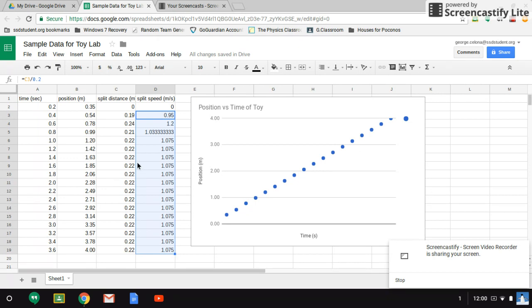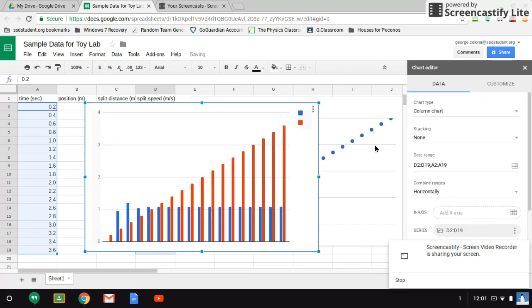So we're going to do split speed versus time. So I'm going to highlight this column. I'm going to hold down Control and highlight this column. And then I'm going to create my graph. So I'm going to come over here, insert. And the type of graph that I want is a scatter plot.